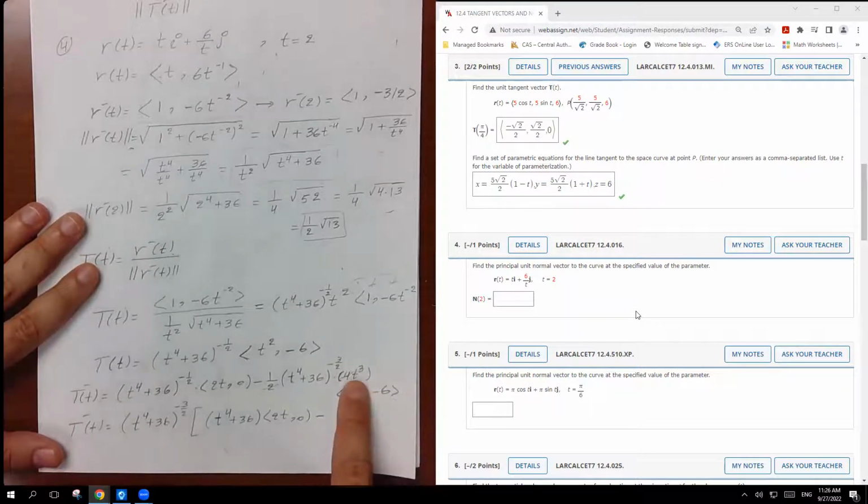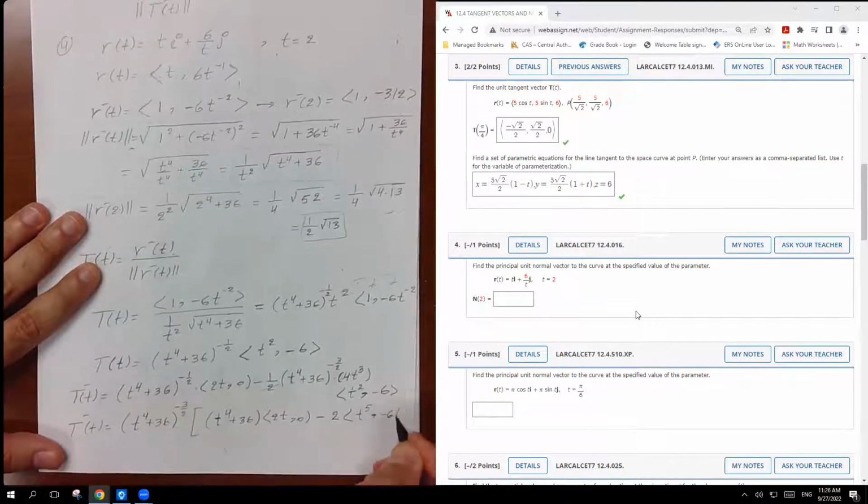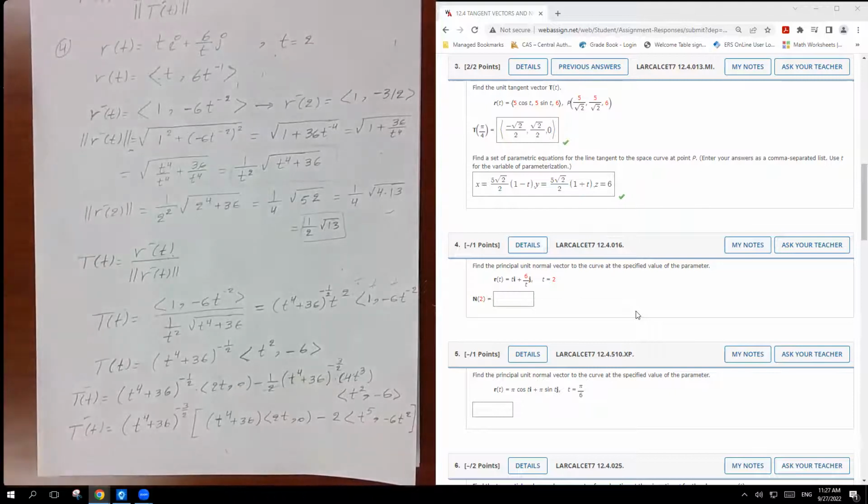We have t cubed here. We're going to take this one out. 4t cubed. So this is going to be here just 2 minus 2 and t 3 with the 2. 5 minus 6t squared. That's what should be left over. We get it.